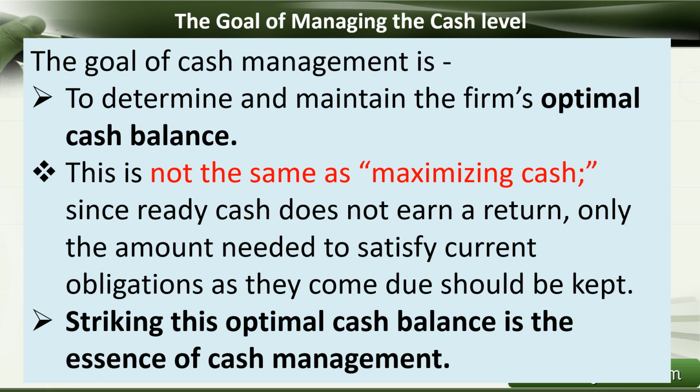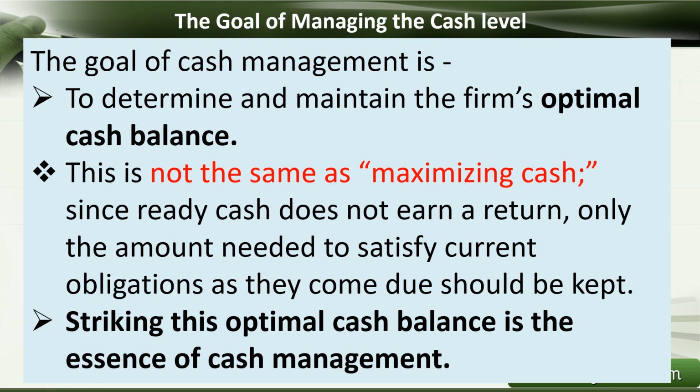So we need to find out what is the optimal cash balance. This is not the same as maximizing cash. Since ready cash does not earn a return, only the amount needed to satisfy current obligations is important. Striking this optimal cash balance is the essence of cash management.